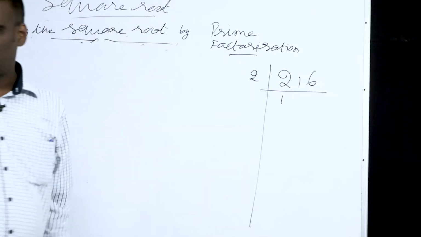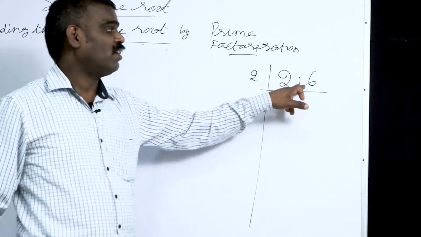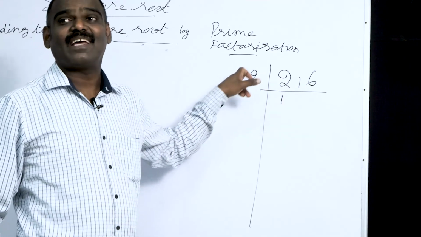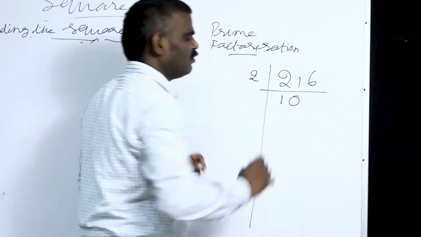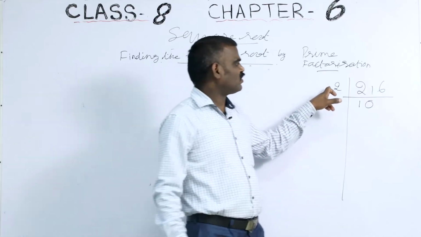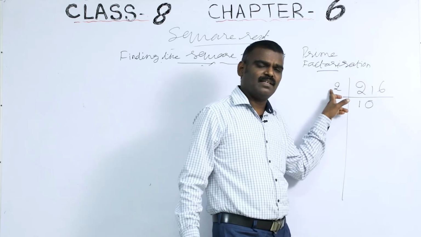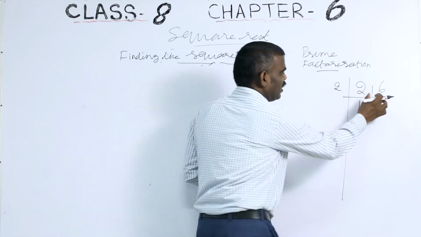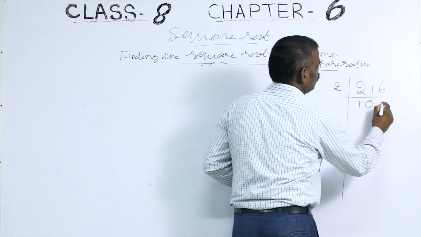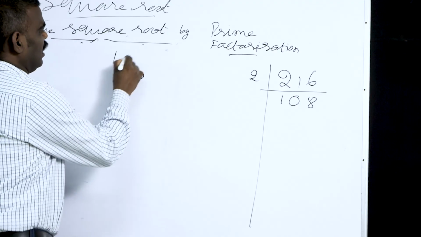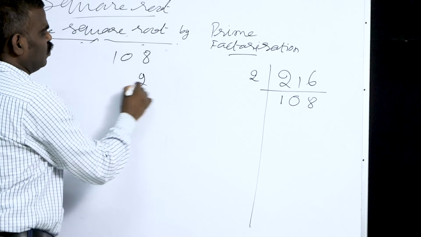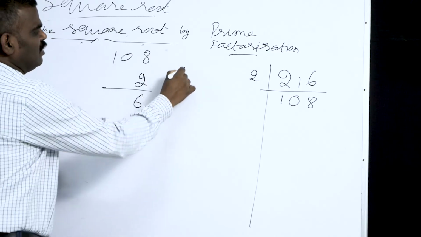2 ones are 2. What is the next number? 1. 2 cannot divide 1. Am I right? So you have to put what? 0. If a number is not able to divide, then you have to put 0. Then take the next number, now 2 number. How much? 16. 2 8s are 16. Now you multiply, you will get it. 108 into 2. 2 into 8, 16.